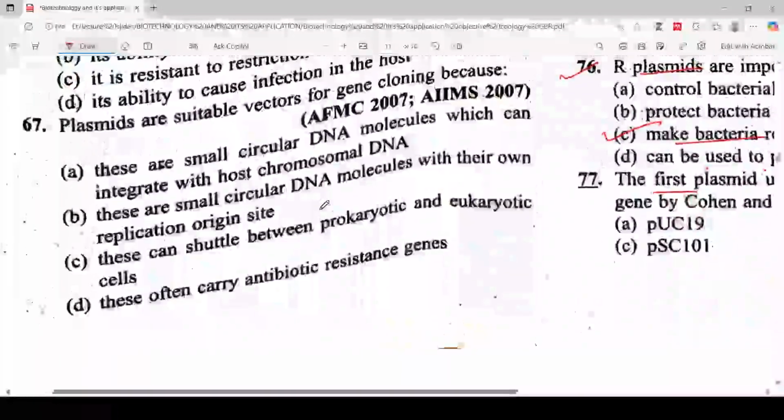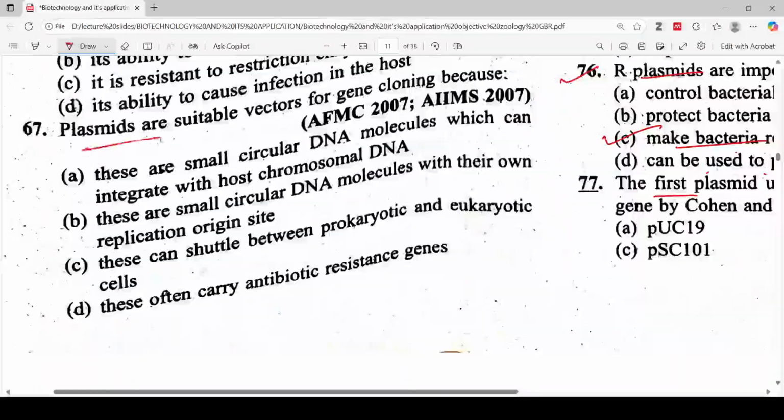Okay, let's begin. The plasmids are suitable vectors for gene cloning because option A, these are small circular DNA molecules which can integrate with host chromosomal DNA. Option B, these are small circular DNA molecules with their own replication origin site.